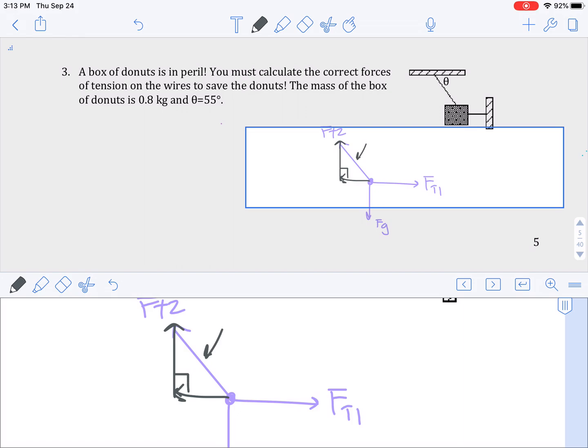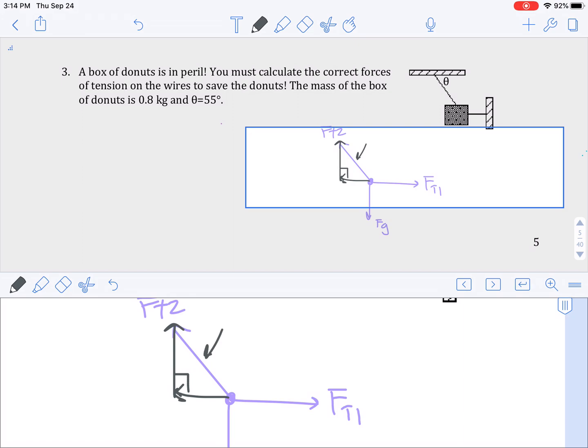The horizontal and the vertical component combine to give you the force of tension, and so the force of tension should be the largest out of the FTX, FTY, and FT. So your horizontal and your vertical components should be on either side of that 90-degree angle, so that the force of tension is your hypotenuse of that triangle.